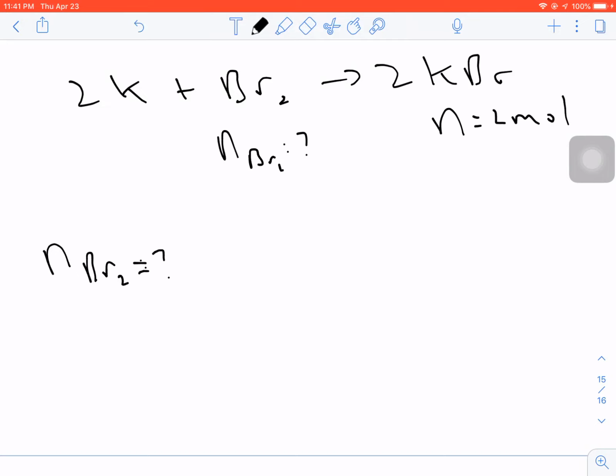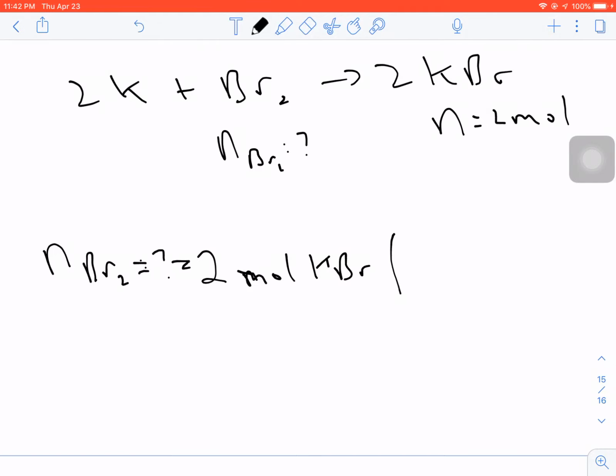It's going to be equal to the number of moles that I know, which is the number of moles of KBr, times the mole ratio. So what is the mole ratio?